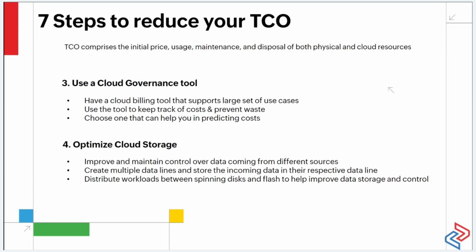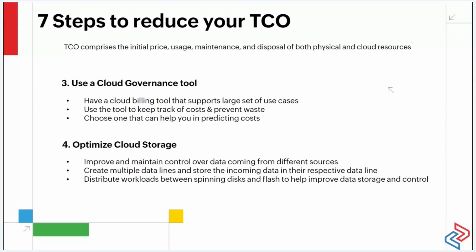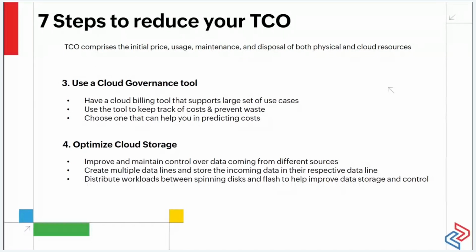You need to be able to control data coming in from different sources and have them segregated enough so that you can look at them in separate ways and figure out if there is a certain aspect of data, or a certain source of data, that you want to reduce, and you want to redirect that very cloud storage to another service that is probably giving you a different stream of data.